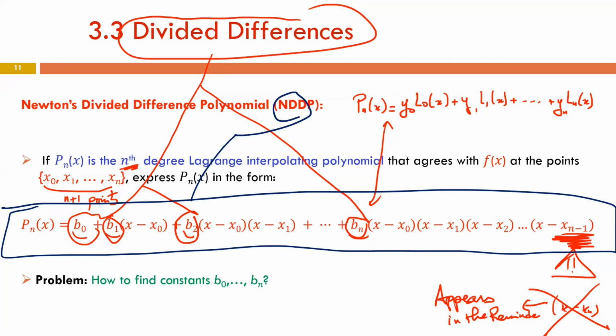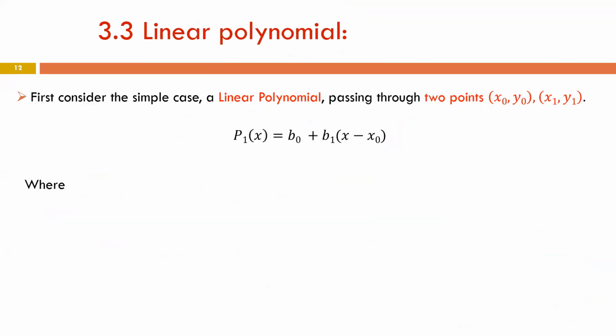Okay, so what are these constants? To find them, we always start with the easy case, the linear polynomial. The linear polynomial will have only b0 and b1 times x minus x0. We say that p1 of x0, which is y0, will be b0 plus b1 (x0 minus x0).